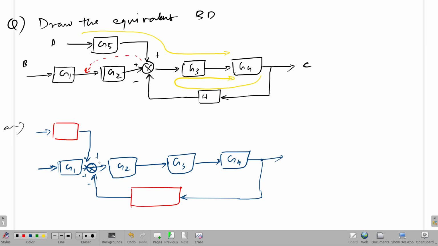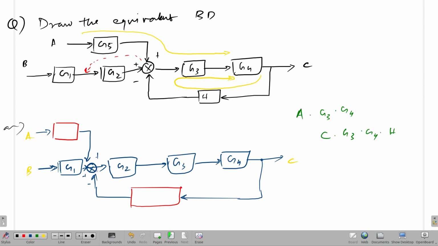But when it comes here, the signal A has to go through G2 and the signal C has to go through G2. So initially what will the output be? It will be A into G3 into G4, and this one will be C into H into G3 into G4, in the main path I am saying.